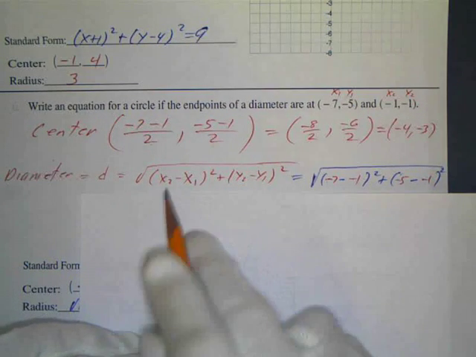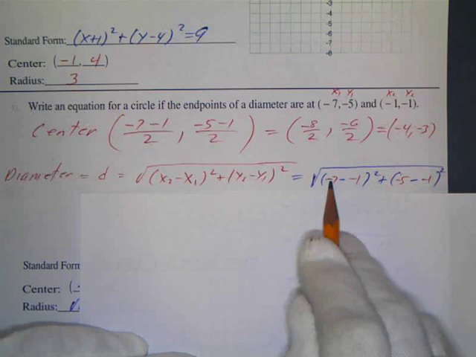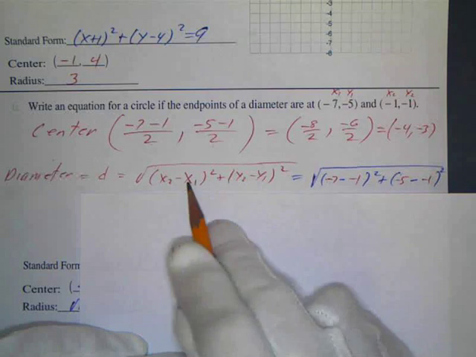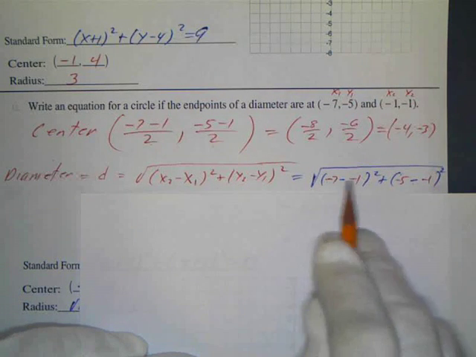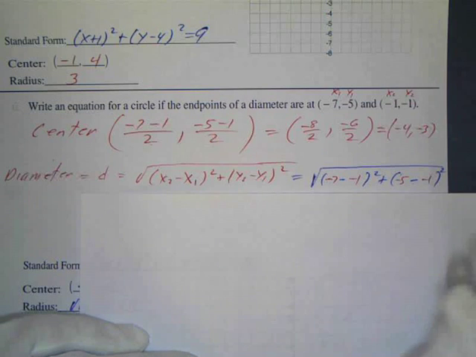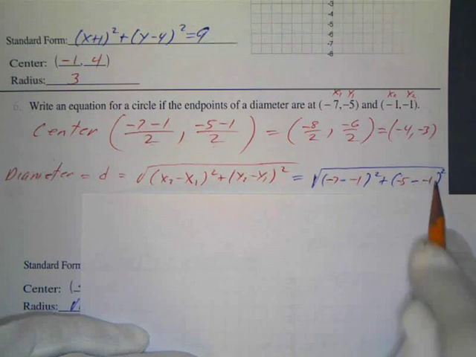So when I substitute my data in, you can see that x1 is -7 and x2 is -1. I wrote my formula in blue, then I put my data in red, and you see you got double negatives. And then y1 is -5, and y2 is -1.